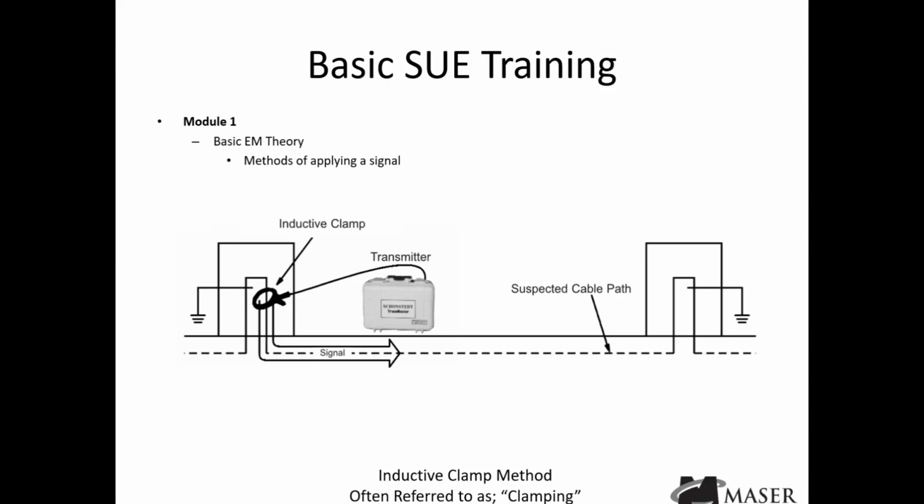It's also important to note that there is a signal direction here, and we'll go more into signal direction in Module 3, but the signal always propagates out and away from the transmitter. So that'll be important later on.